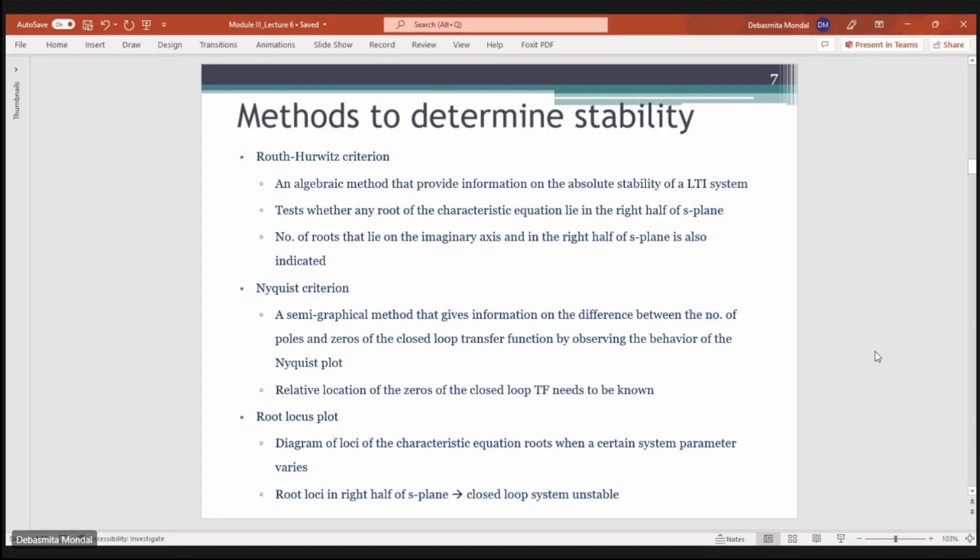Then similarly we have the root locus. The root locus plot is a diagram where you study the locus that a root of the characteristic equation follows whenever a certain system parameter is varied. We will talk about the root locus and Nyquist criteria subsequently in the next classes.